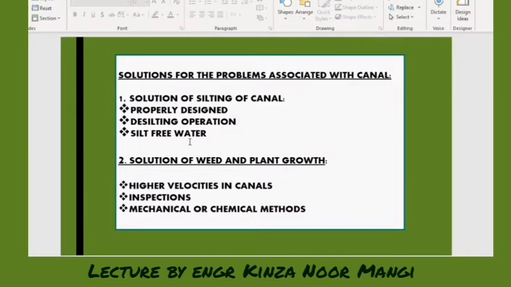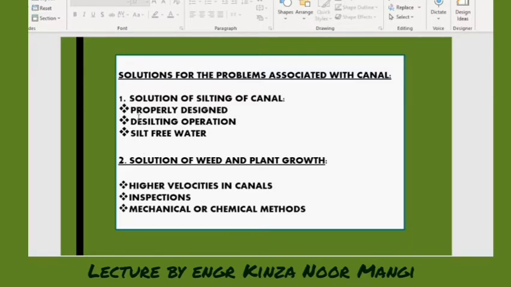If we allow only silt free water, then there will be no silt entering the canal and this problem will not exist. But mostly we cannot control it always, because the water always contains some silt, and it's costly to take suitable measures to filter it.